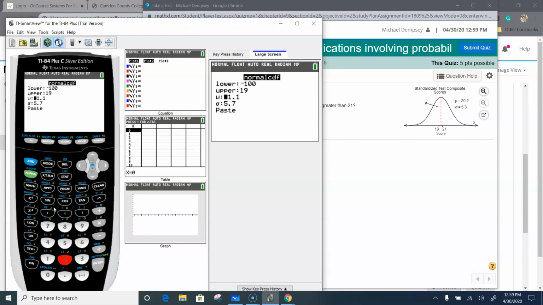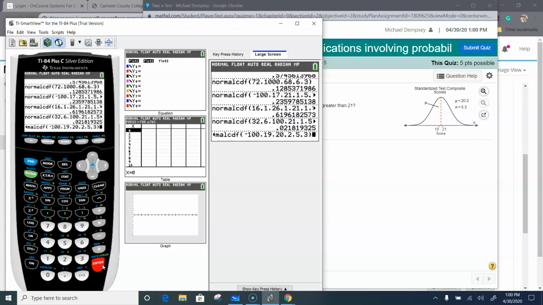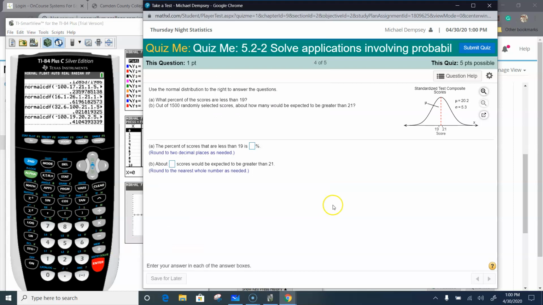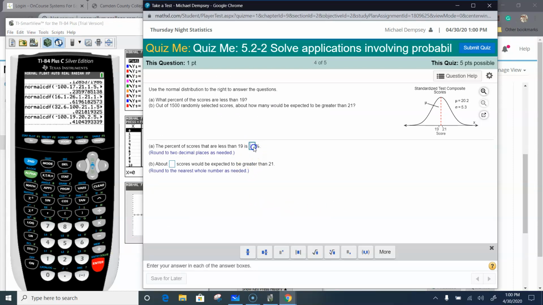The mean is 20.2, and standard deviation is 5.3. 0.4104. So 41%. I think that would be a 0.4104 is 41.04%.